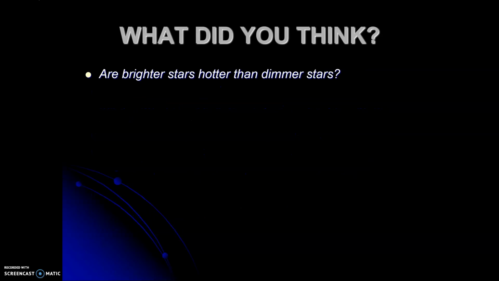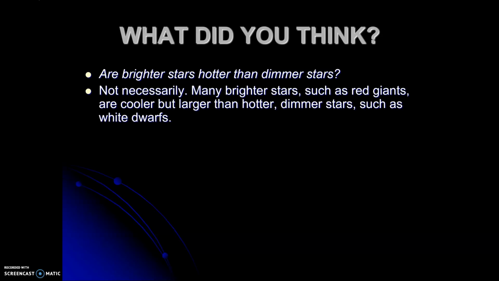Are brighter stars hotter than dimmer stars? We have many bright stars, such as red giants, that are very luminous but not as hot. So that's going to make a difference here. Remember, we have to talk about size, which is related to mass, and we have to talk about temperature.